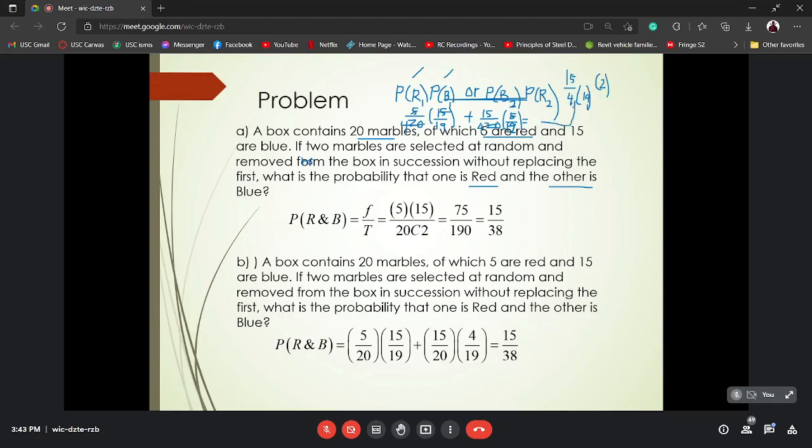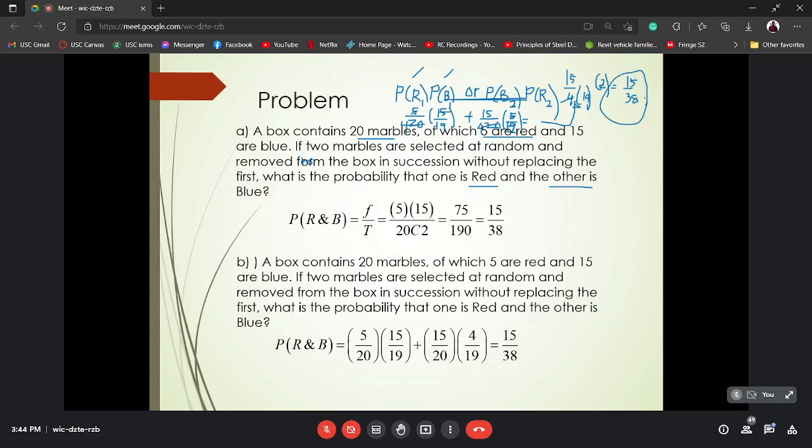You simplify: 4 and 2 will become 2, and 15 over 19. Therefore, the result is 15 over 38. So this is the answer.